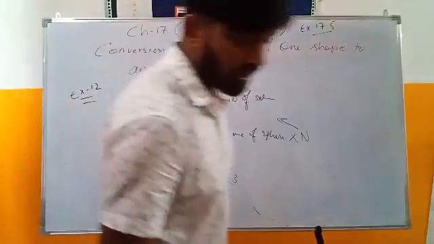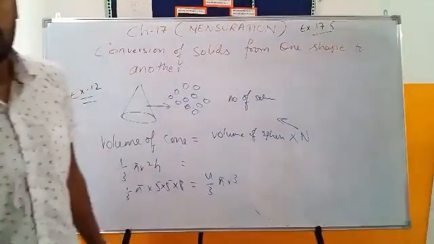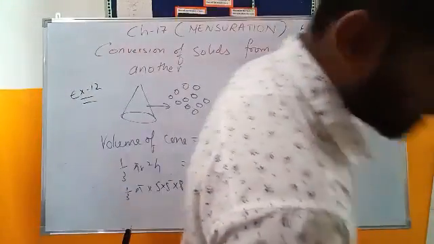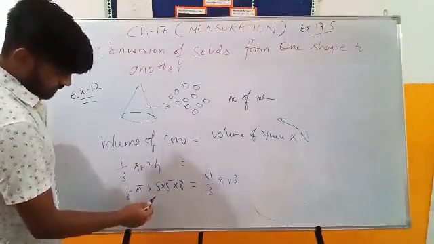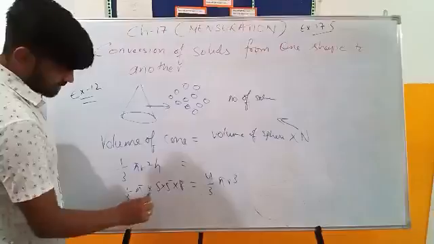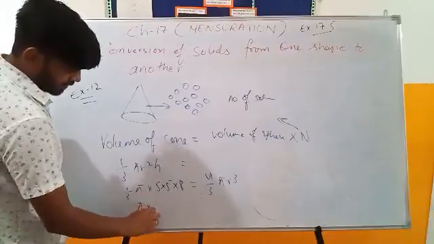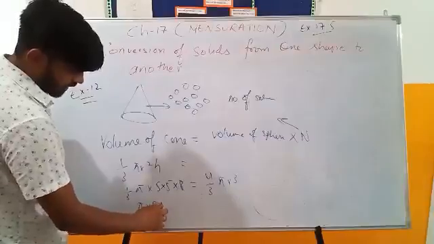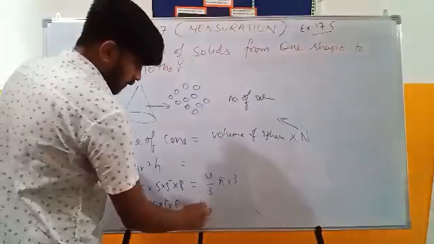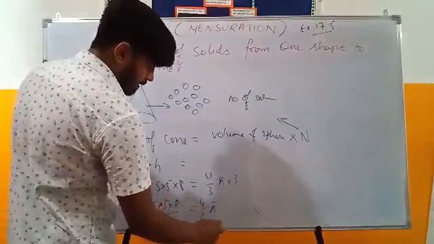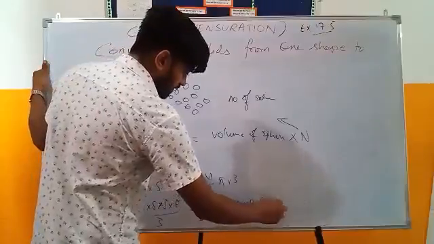And they also have given me the radius of the small sphere, that is 0.5 centimeter. So I'm writing the formula. Is there anything that can be cancelled? Nothing yet. So I can write it like this: pi into 5 into 5 into 8 upon 3 equals 4 upon 3 pi into 0.5 into 0.5 into 0.5.